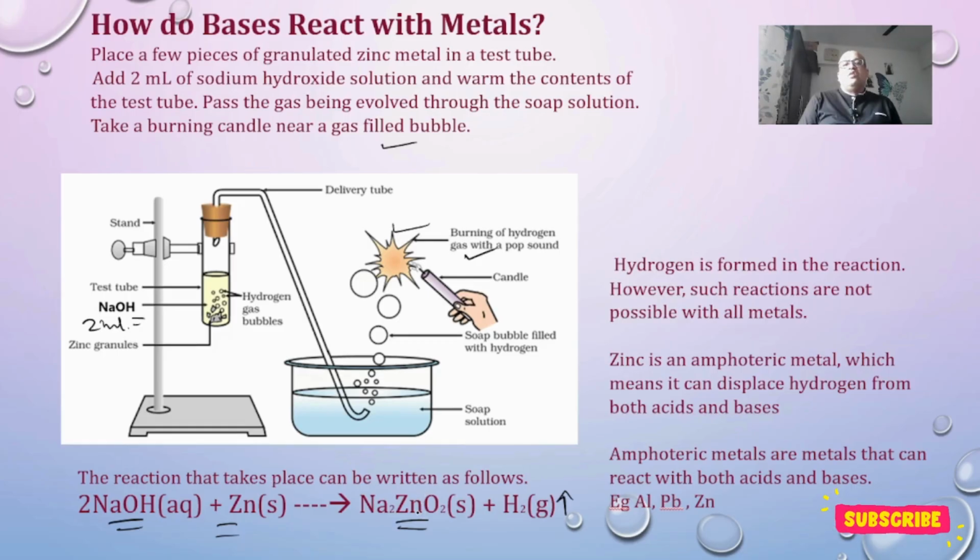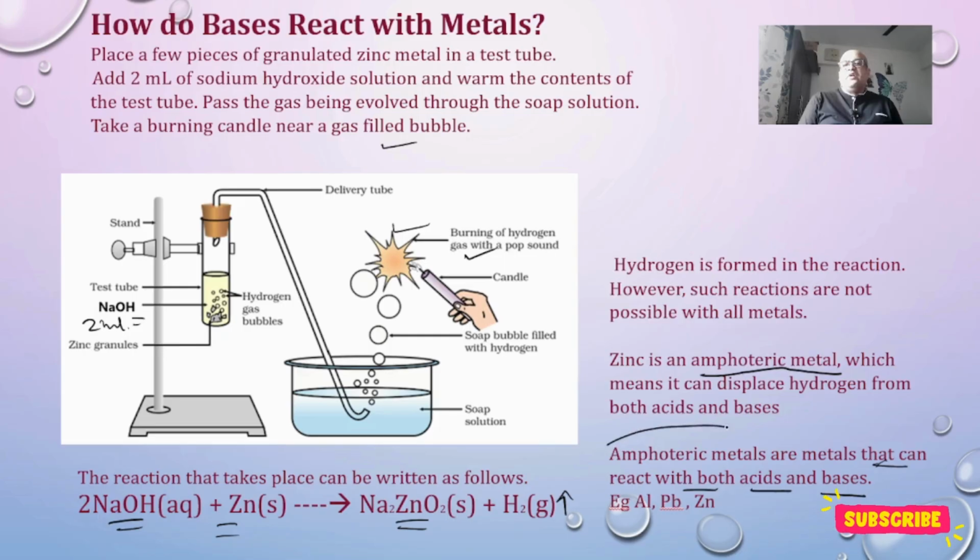We are not going to get this reaction for all the metals. Why? Because zinc is an amphoteric metal. Now, what are amphoteric metals? Amphoteric metals are metals that can react with both acid as well as bases. Bases will not show reaction with metal as such.